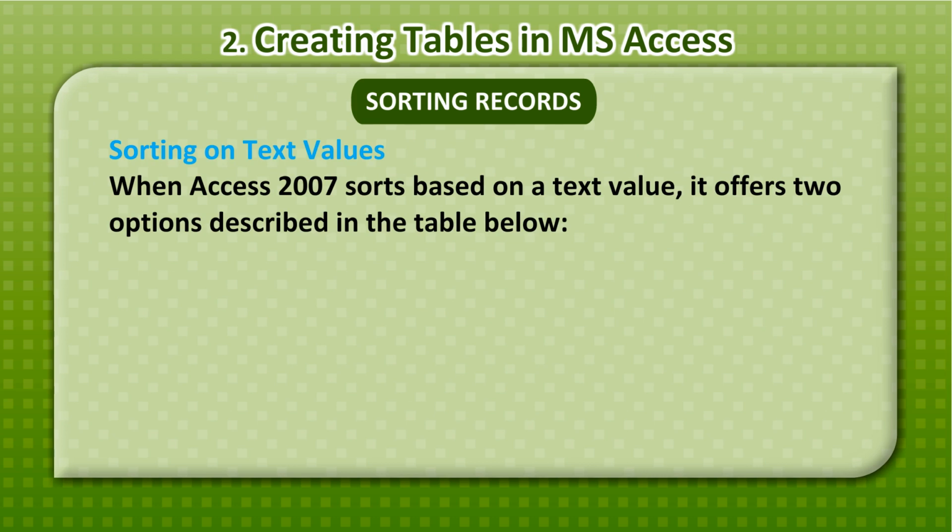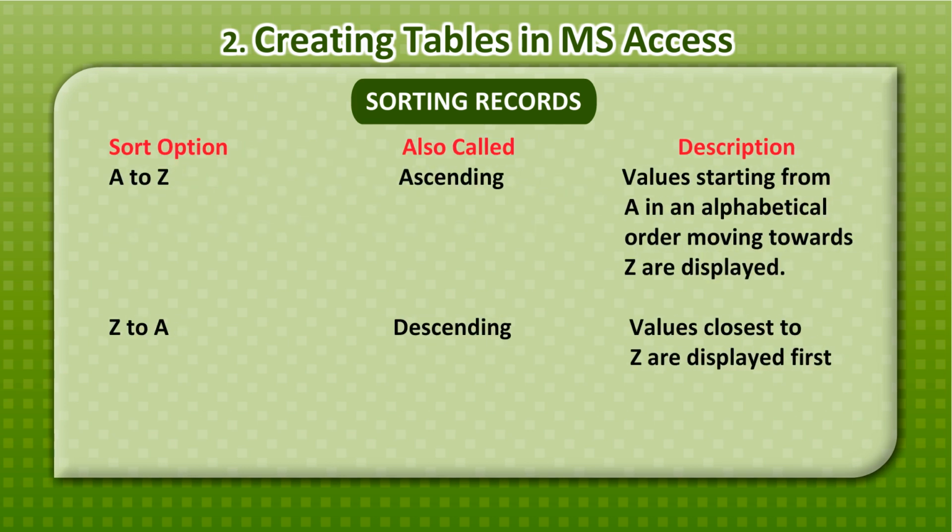When Access 2007 sorts based on a text value, it offers two options described in the table below. Sort option, also called description. A to Z, ascending. Values starting from A in an alphabetical order moving towards Z are displayed. Z to A, descending. Values closest to Z are displayed first.